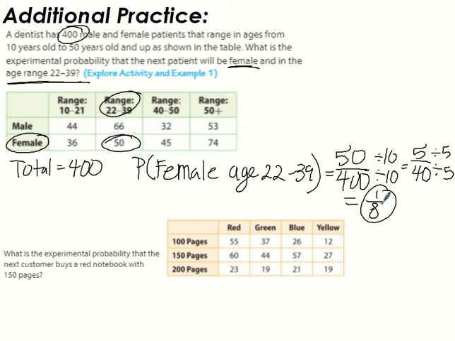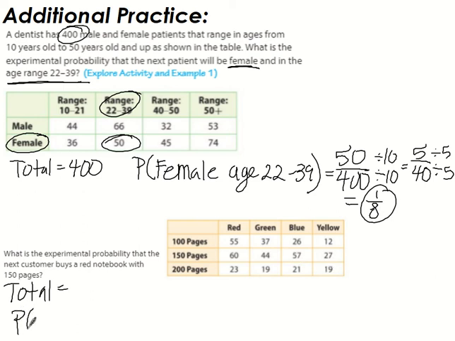All right. So once again, what is the experimental probability that the next customer buys a red notebook with 150 pages? So go find your total. You have to add all these up, right? 1, 2, 3, 4, 5, 6, 7, 8, 9, 10, 11, 12. Get your total.